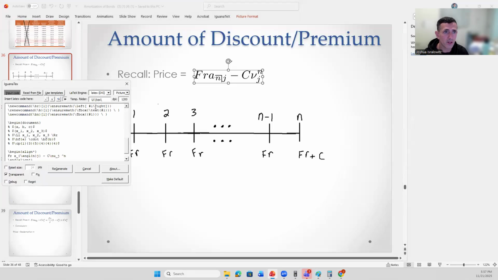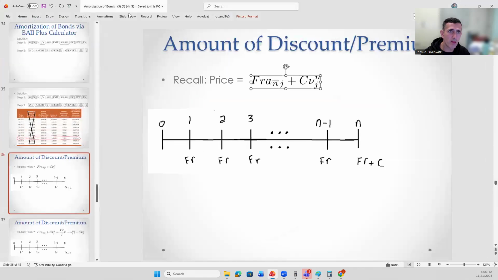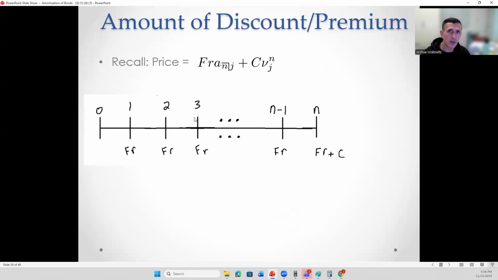Yeah, these are made in LaTeX, if you're wondering. Typesetting program, really nice. You can do this in PowerPoint too, if you really want to make fancy PowerPoint stuff. So remember, this is the price of my bond, right?